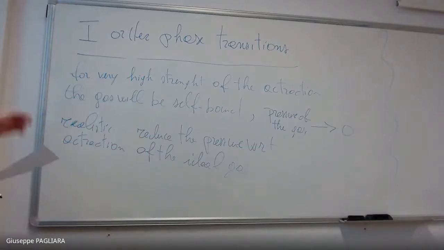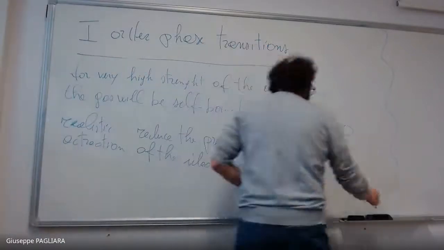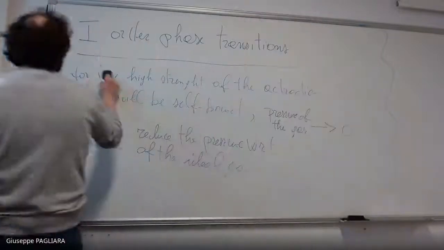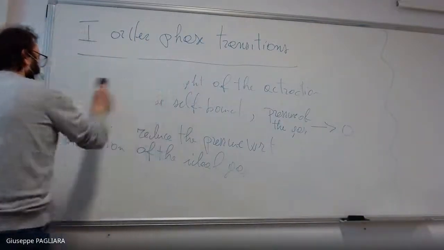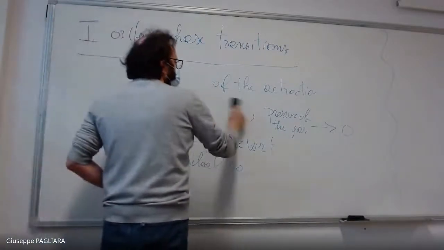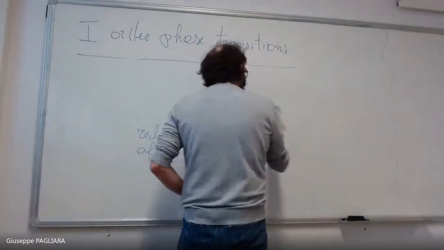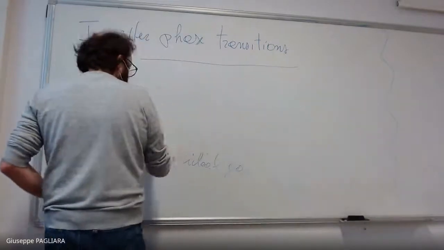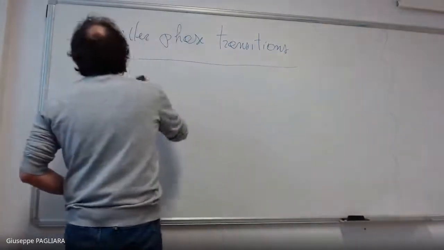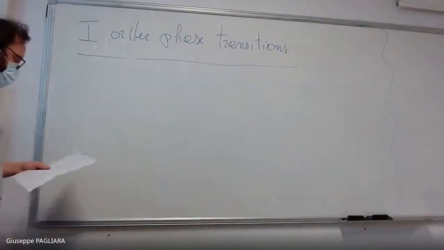In particular, the pressure is isotropic, but let's write first the formula, then we provide some explanation for that. So anyway, the argument is that we need to find a way to reduce the pressure of the ideal gas. Now, the way van der Waals does it is to correct the pressure in the following way.